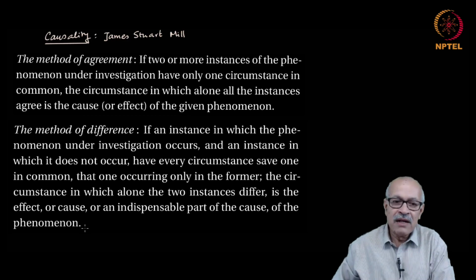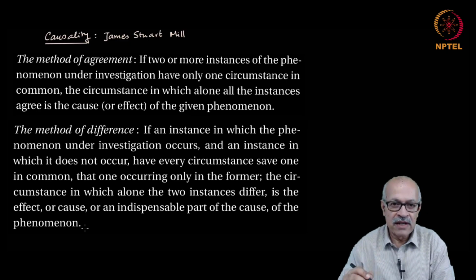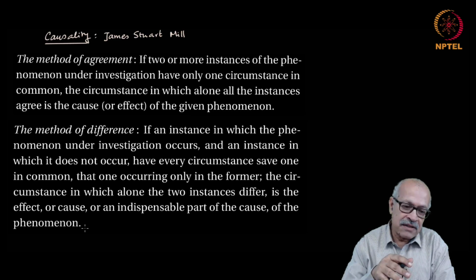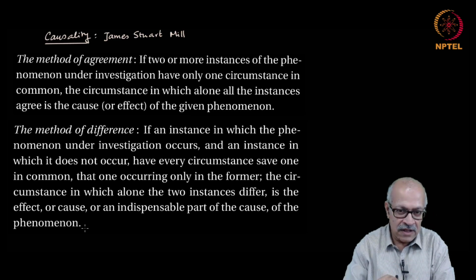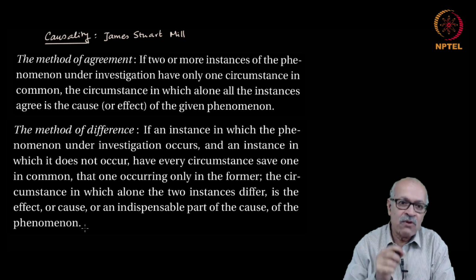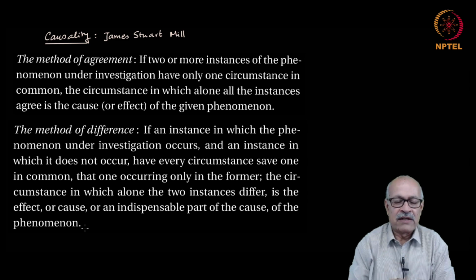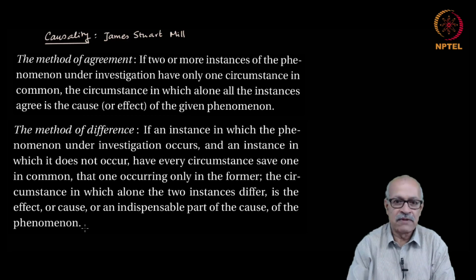So, here Mill says a phenomenon occurs, an event occurs in two situations, and the situation prevailing before the occurrence of that event is the same except for one particular factor. That factor is present in the situation where the event happened and absent in the situation where it did not happen.